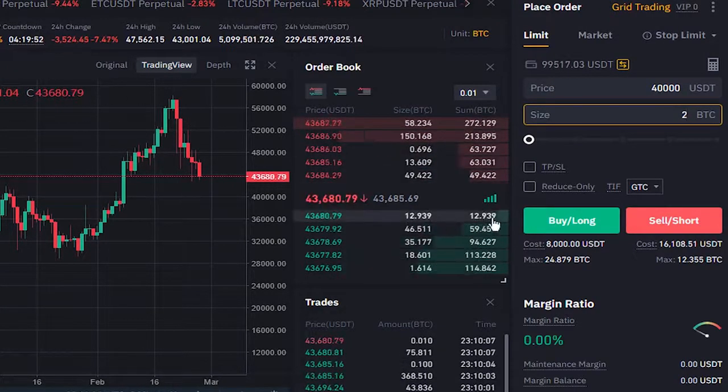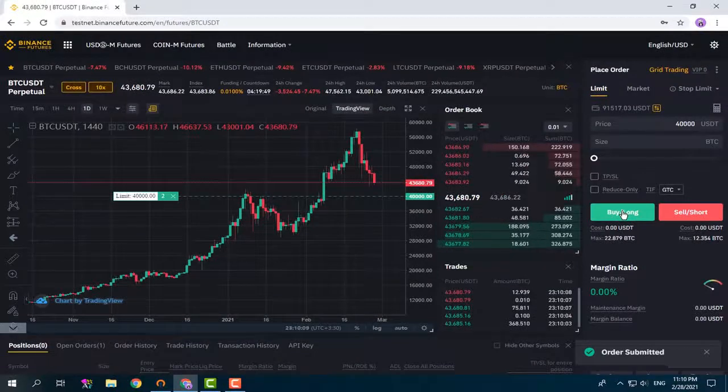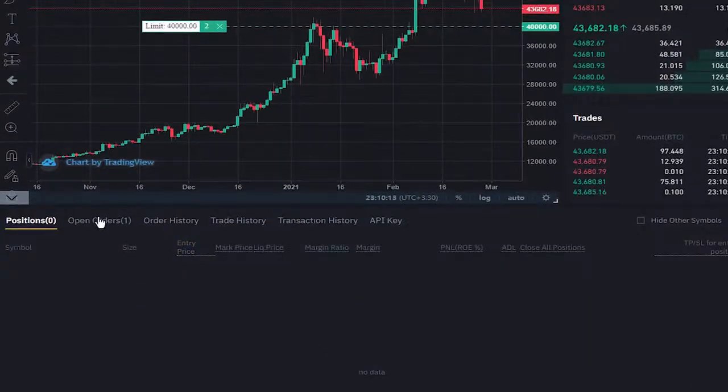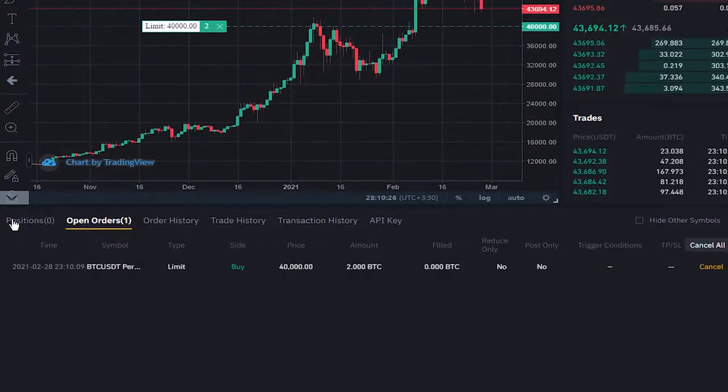We click on buy, order submitted, and here it is in open orders, not the positions. This is an open order. We don't have the BTC USDT perpetual contract yet, and when the price reaches 40,000, this order will be executed. And in this tab, in the positions, we will have a long position of 2 Bitcoins.